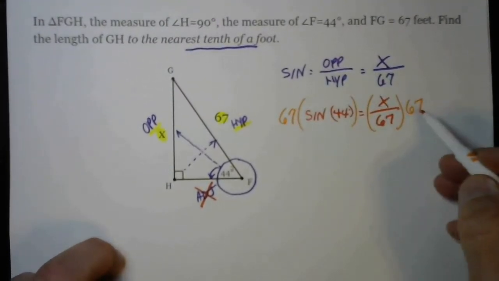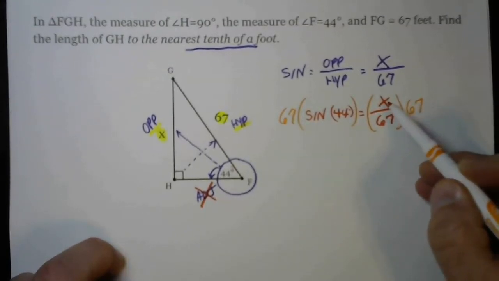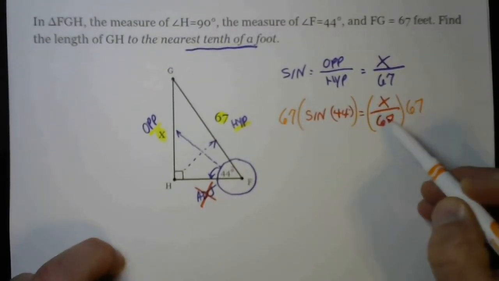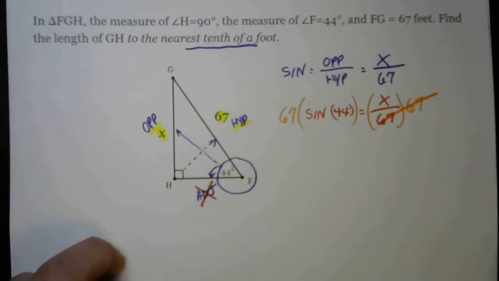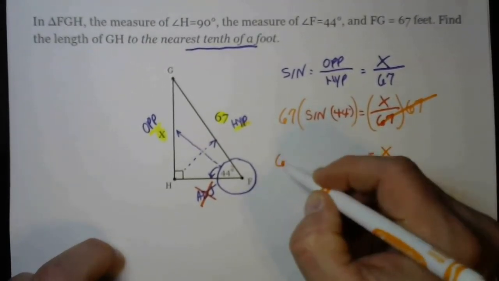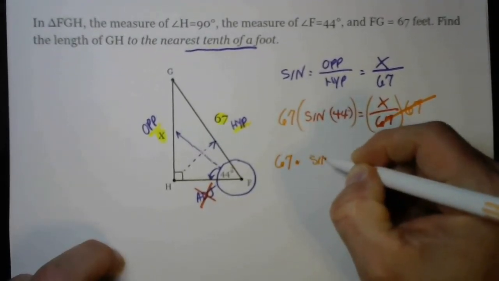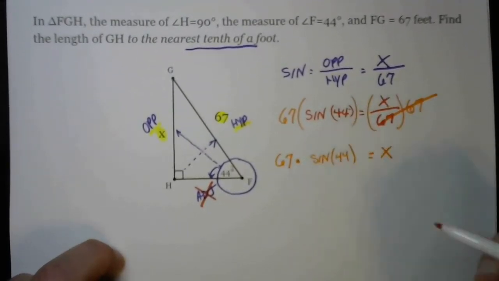What I do to one side, I must do to the other. Now if x is multiplied by 67 and then divided by 67, we get just x. And over here we have 67 times the sine of 44.